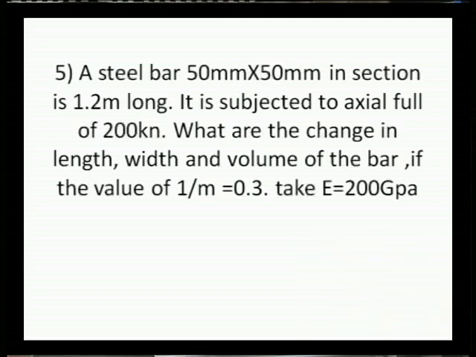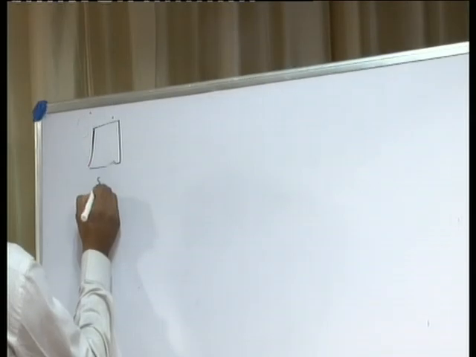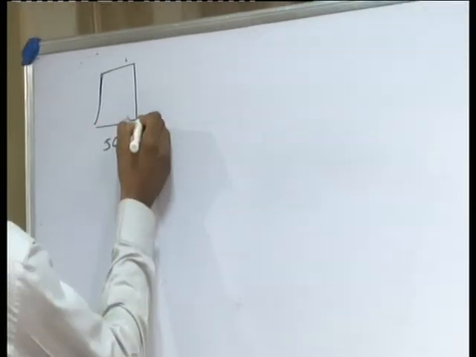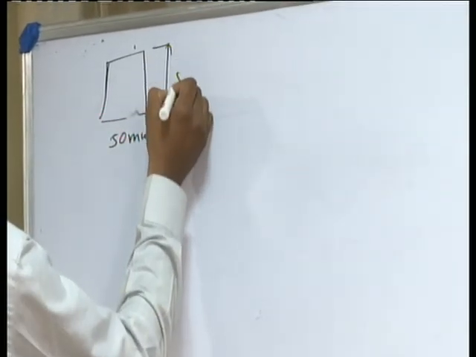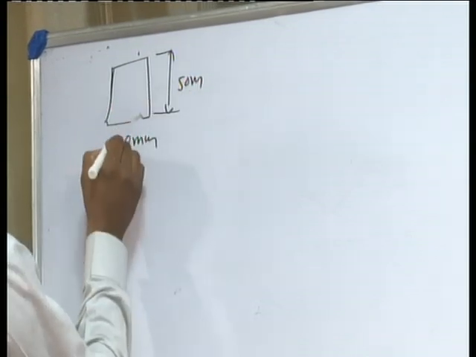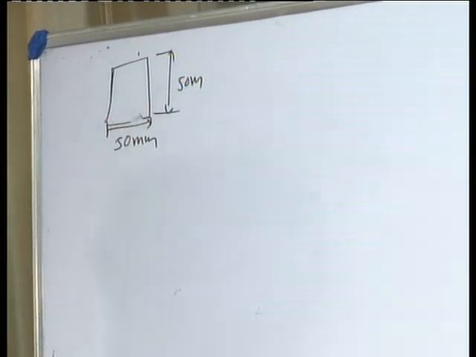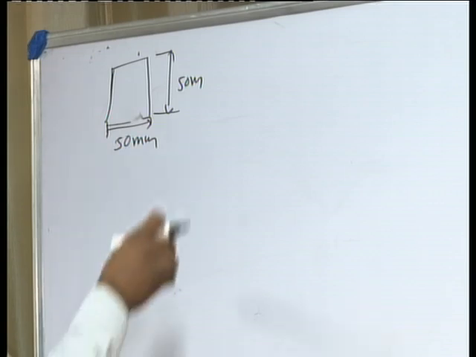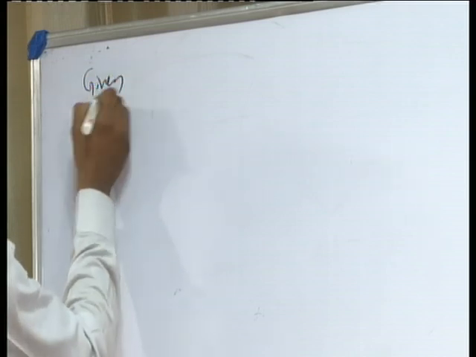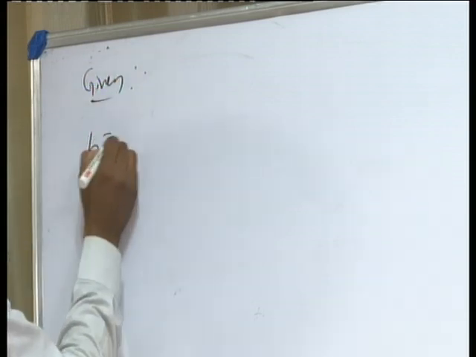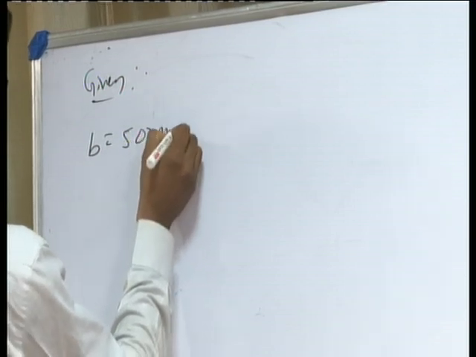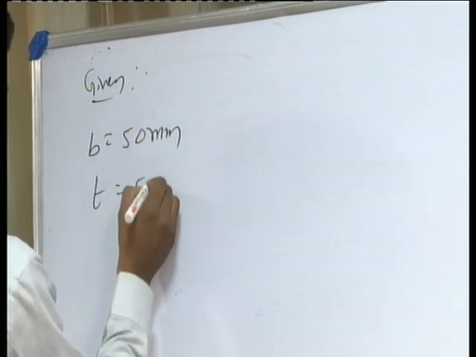The cross sectional details are given: the bar has a cross section of 50 mm by 50 mm. So B is equal to 50 mm, small t is equal to 50 mm.